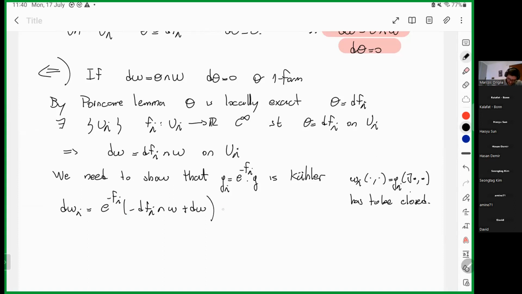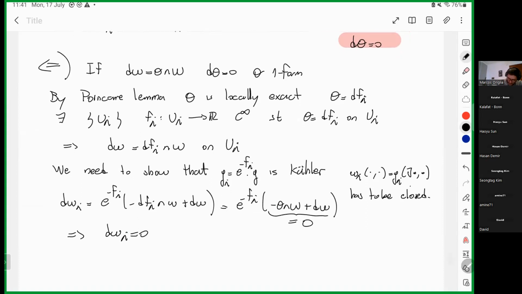And with this, we have this. But remember, this guy was the local definition of our one form θ. So this is just minus θ wedge ω plus dω, right? But that's the condition we start with. So this is 0. So dωi is 0.